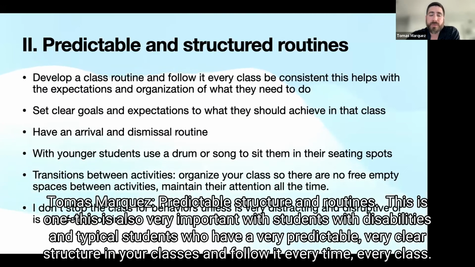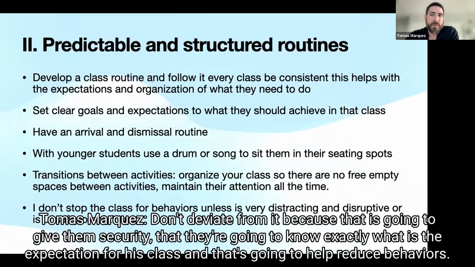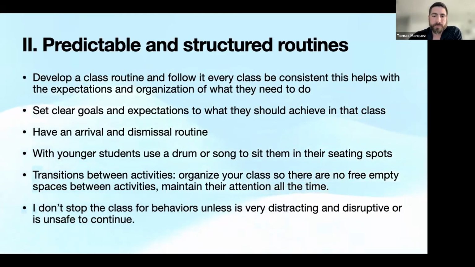Predictable structure and routines. This is also very important with students with disability and typical students: have a very predictable, very clear structure in your classes and follow it every time, every class. Don't deviate from it, because that is going to give them security. They're going to know exactly what the expectation is for each class, and that's going to help reduce behaviors.